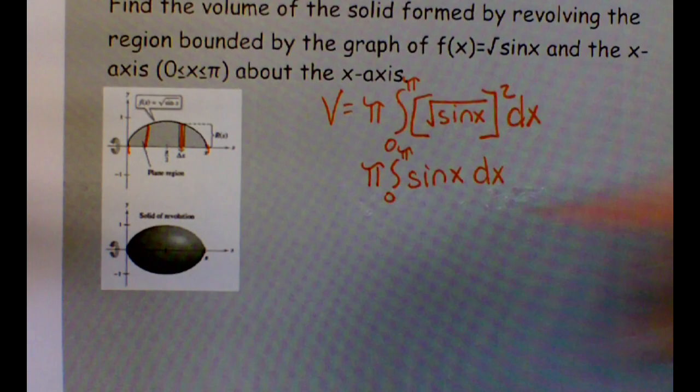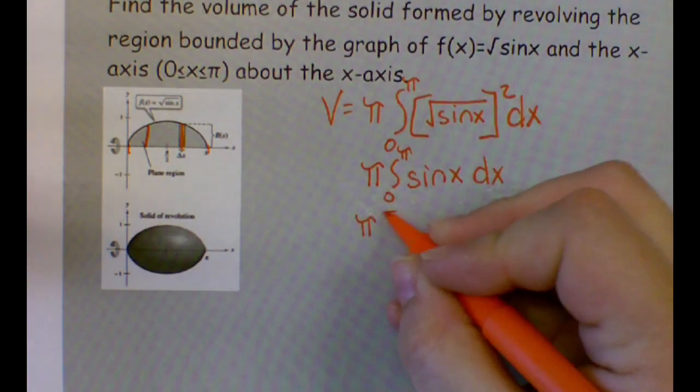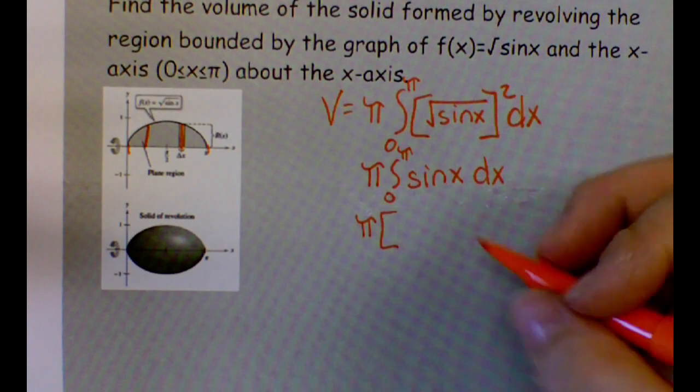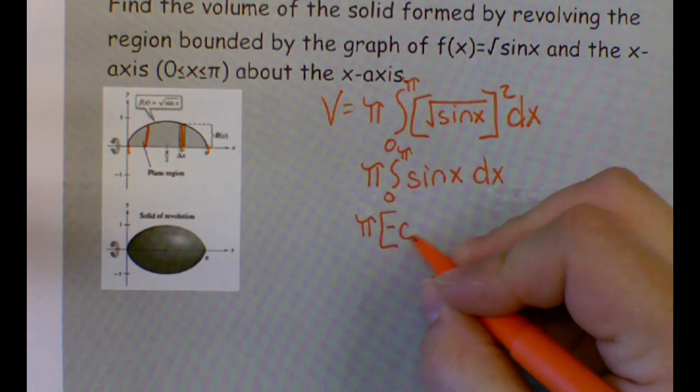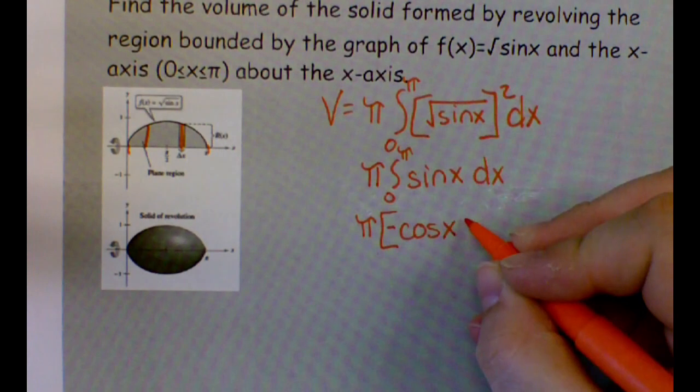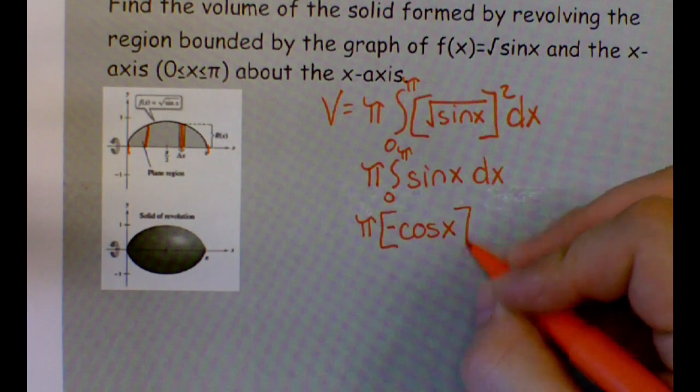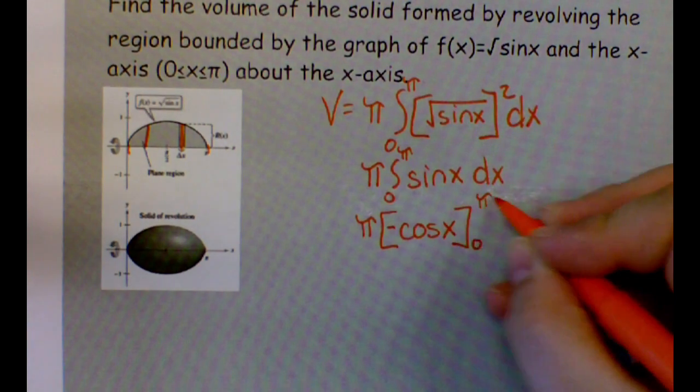Now I evaluate my integral. Pi times the antiderivative of sine of x is negative cosine of x from 0 to pi.